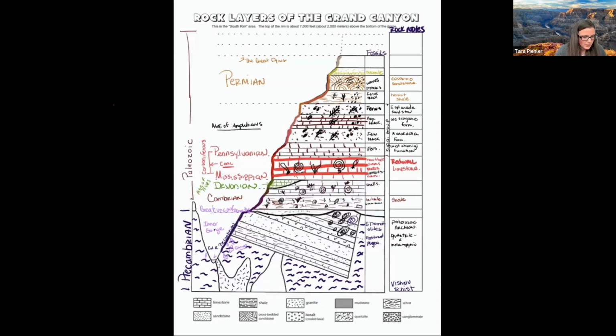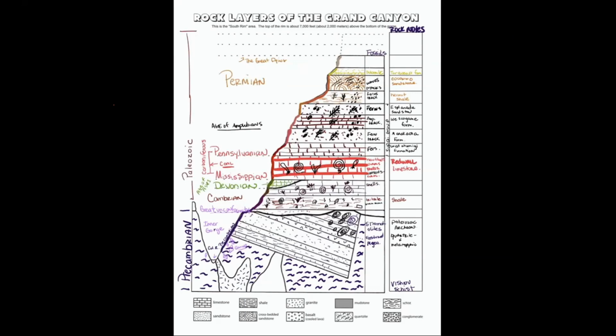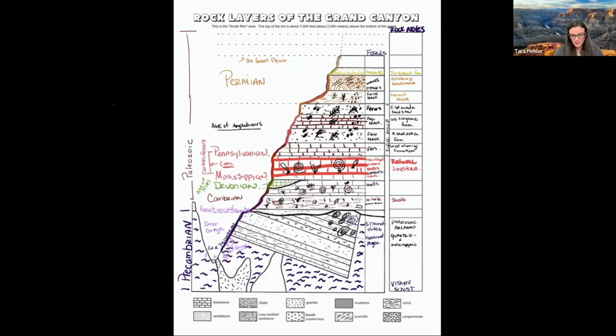This is going to be called, again a Native American word, Toroweep, and I have no idea what that means. I don't think it has anything to do with sadness. But this is where you would start to find some shells and some marine animals.